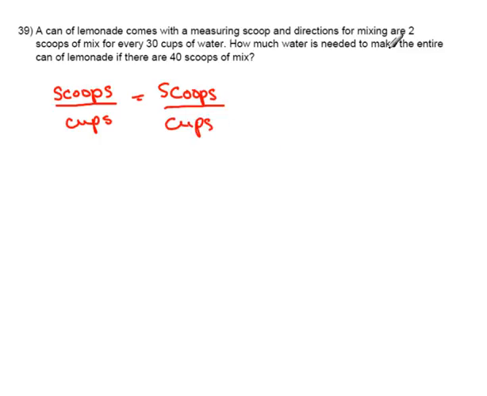So the first ratio says 2 scoops for 30 cups of water. How much water, that's the cup, so that's what we're trying to solve for, so that's X, is needed to make the entire can of lemonade if there are 40 scoops. So here is your proportion.